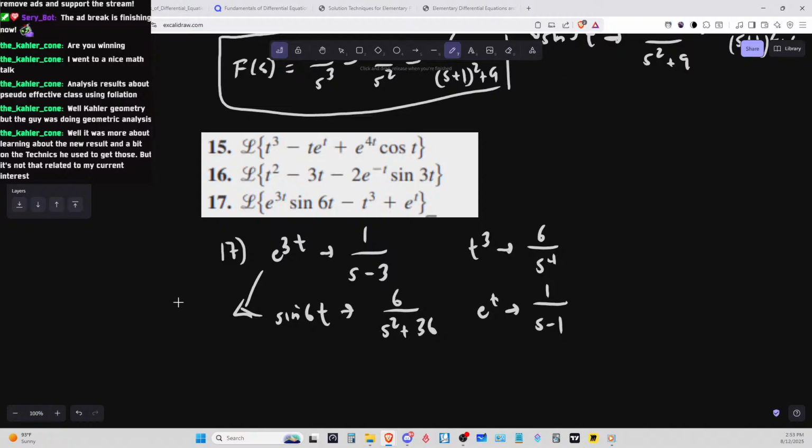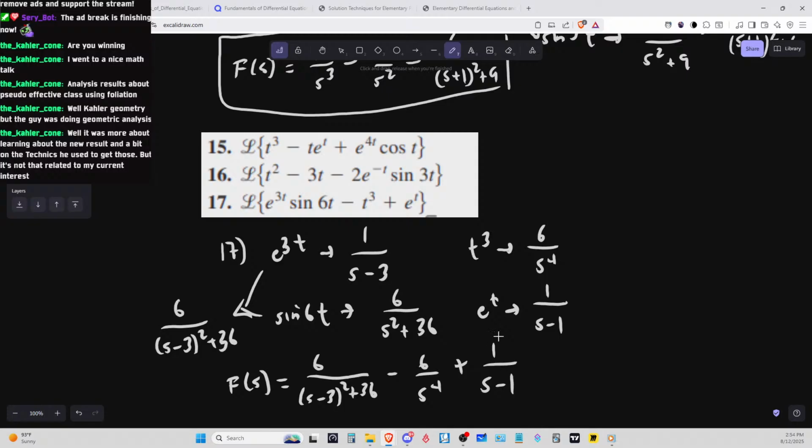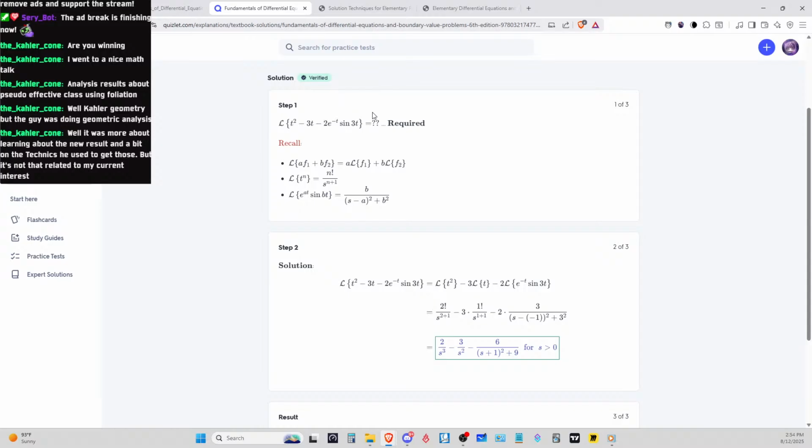So we have 6 to 3 minus plus 36, meaning that the Laplace transform is that minus and plus. Okay. 17 again.